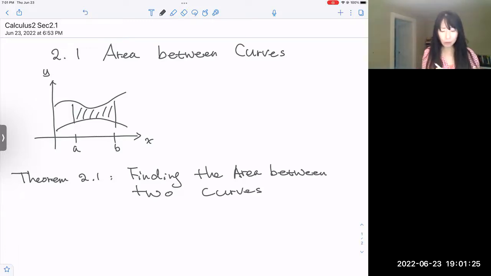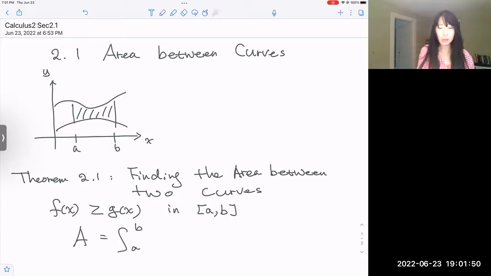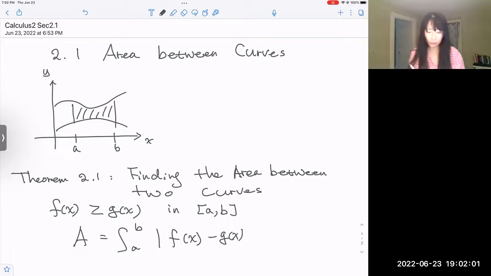And I want to write down this condition, f of x, then on an interval, let me just make it shorter, between a and b. Then we want to find the area, integrate from a to b, the region here, right? Then we do the absolute value of f of x minus g of x, and then dx, okay?